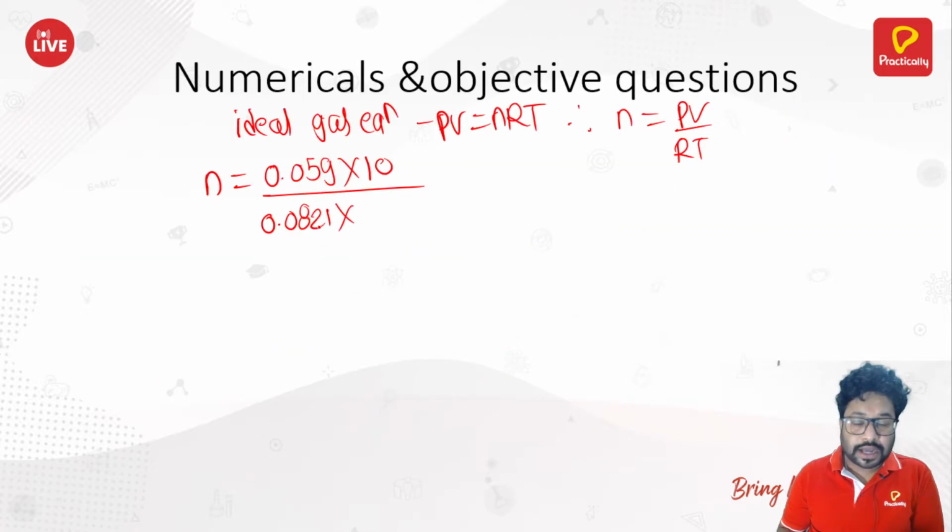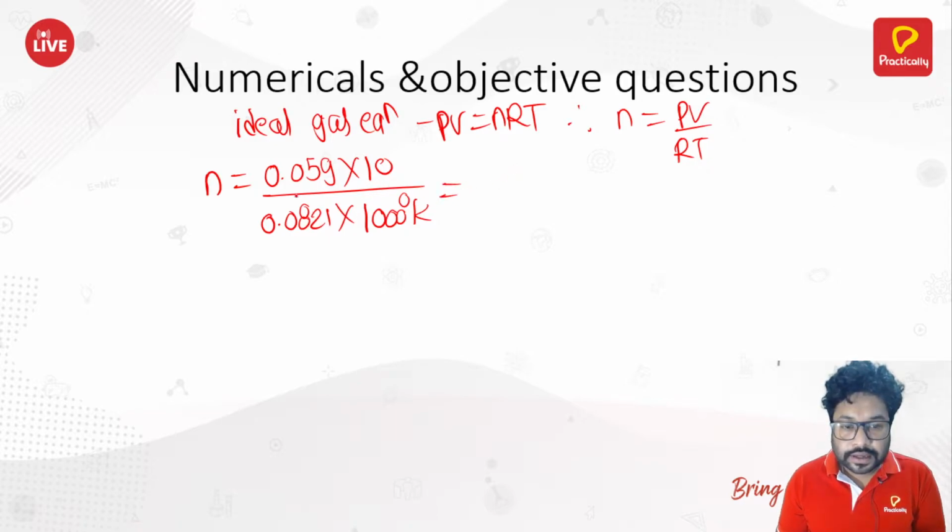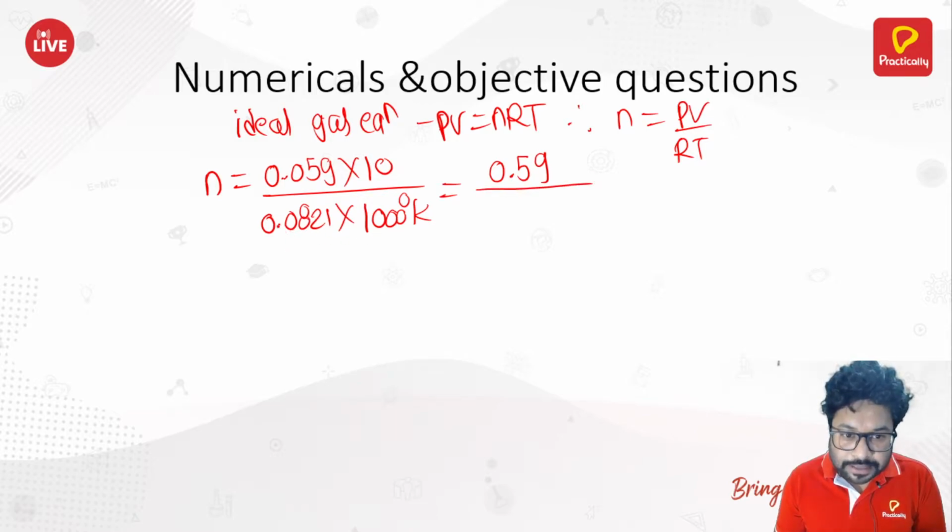Temperature is how much? 1000 degree Kelvin, right? So 0.059 into 10 is equal to what? The decimal point moves here, 0.59. You can roughly take it as 0.6 also. So when this 1000 multiplies by this, it becomes how much? It becomes 82.1.